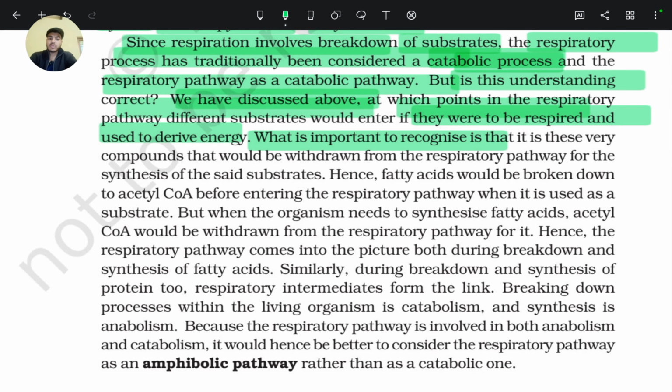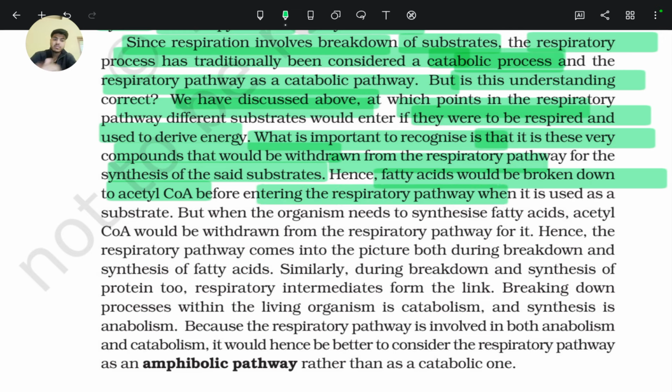What is important to recognize is that it is these very compounds that would be withdrawn from the respiratory pathway for the synthesis of said substrates. Hence, fatty acid would be broken down to acetyl coenzyme A before entering the respiratory pathway, where it is used as substrate.